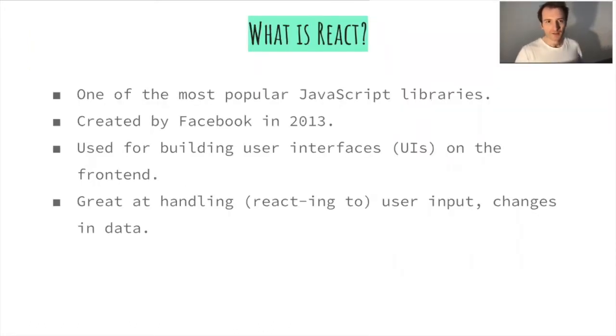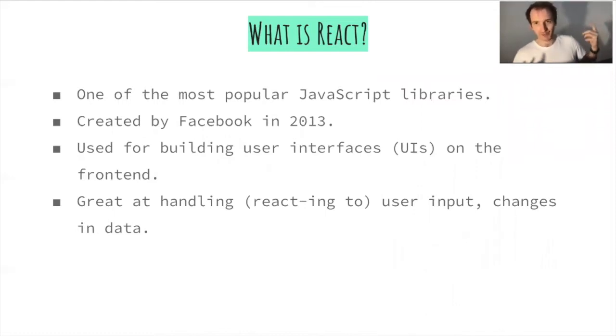So React, I have a few little bullet points here that express a little bit about what React is. It's actually a JavaScript library. I talked about libraries a little bit in our first lecture when we were discussing different examples of abstraction.